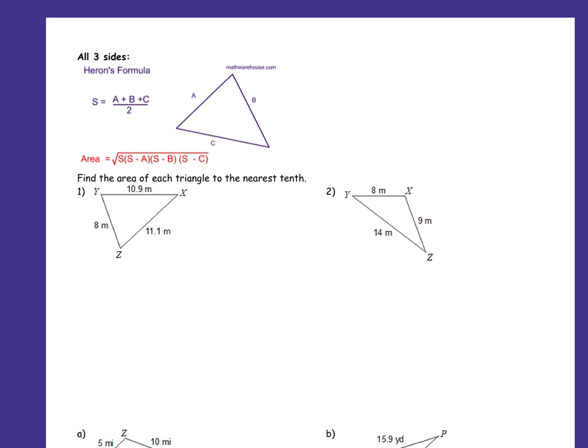So a little harder. I have to find this variable called S, and how I find it is I add all my sides together and divide by 2. So it's not an average because I'm not dividing by 3, I'm dividing by 2.